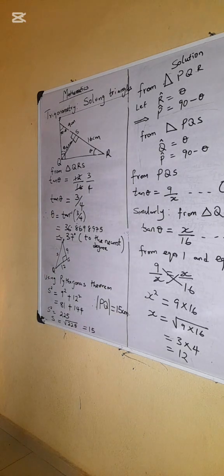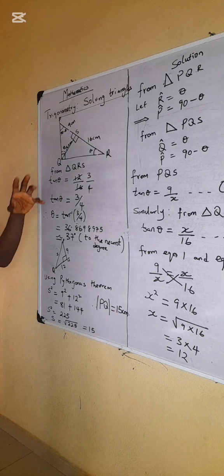So what we've actually solved is a question in trigonometry. What did we do? The first thing they asked us to do is to find the value of x, and they gave us specifically the method we are to use, using trigonometric ratio.